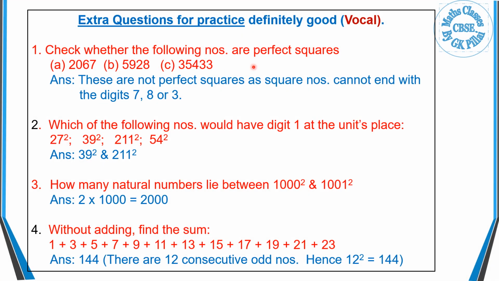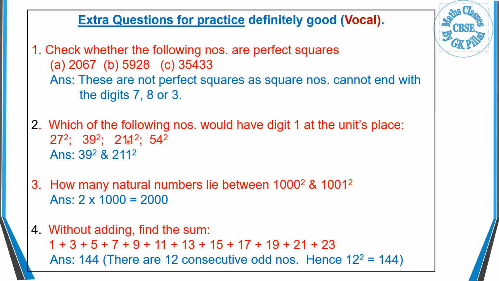These are some extra questions for practice. Check whether the following numbers are perfect squares. These numbers are ending with 7, 8 and 3. Therefore these are not perfect square numbers. Which of the following numbers would have 1 at the units place? Here 9 9s are 81, 1 1s are 1.